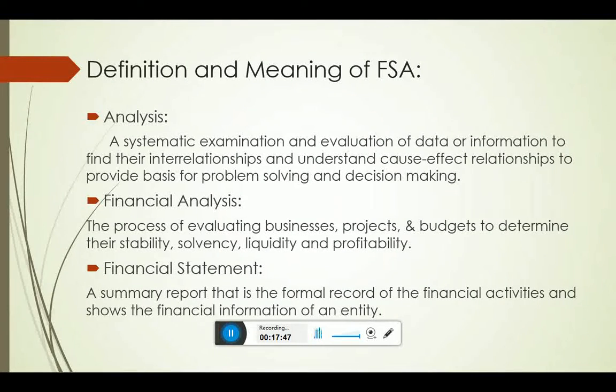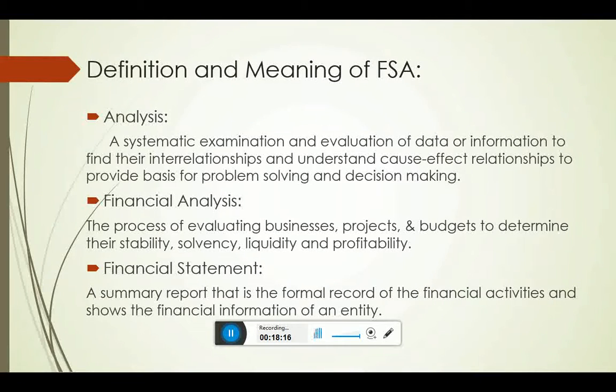And what do we do? We find out the interrelationship of different elements in that financial information, and then we understand the cause and effect relationship of those elements of the financial information, and then through this we want to find out the solution to the problem and then make a decision, right?